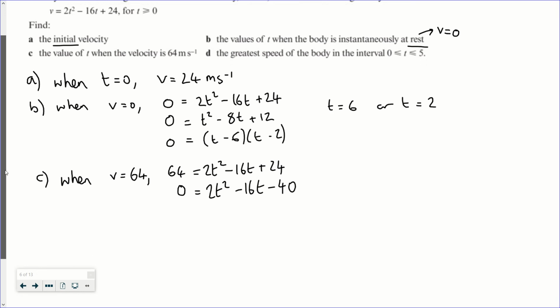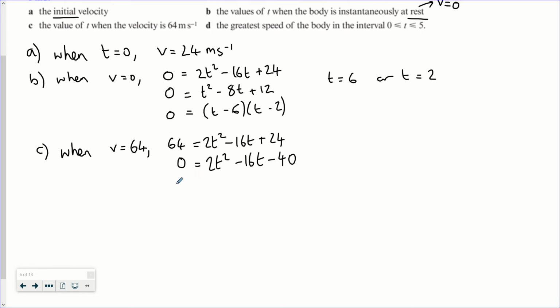And again, we can use any method we want to solve this. I think I'm going to use the quadratic formula. So I'm going to write down the quadratic formula, but I'm actually going to use my calculator just to solve it.